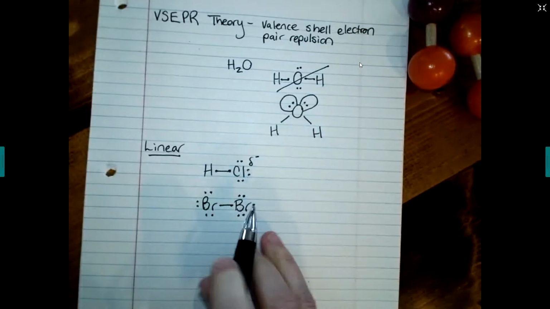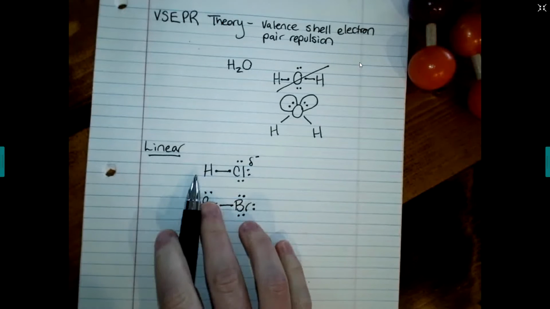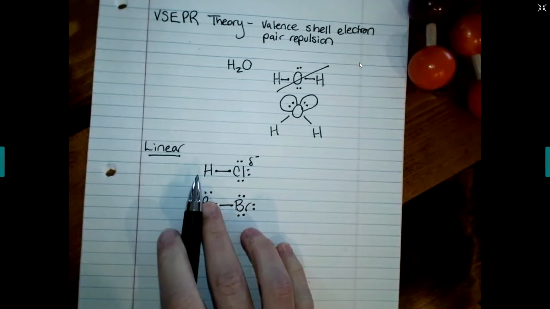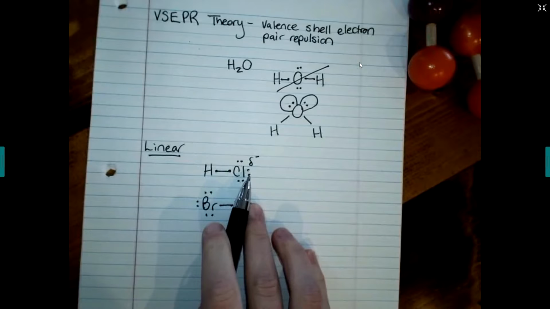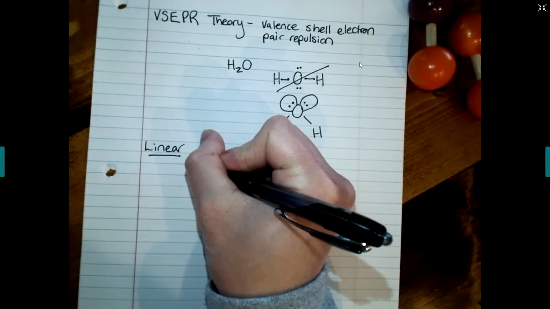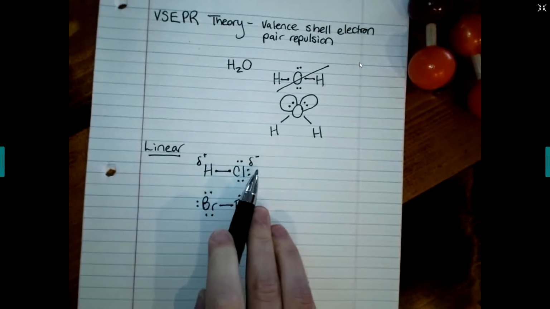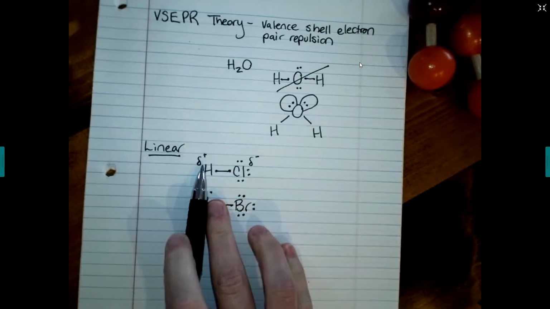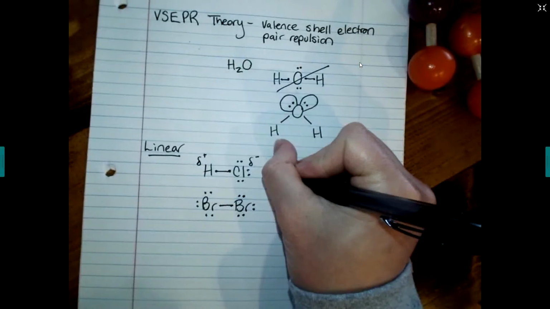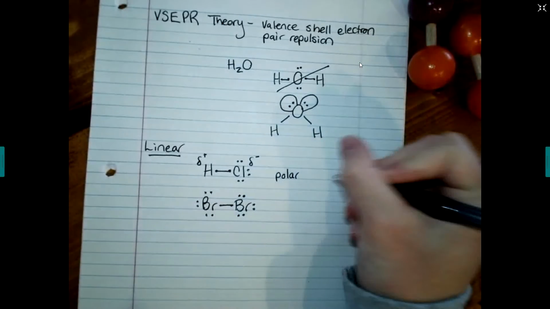Chlorine is going to have a slight negative charge. It's more electronegative than hydrogen. So all the electrons are kind of going over here, even though they're still sharing. That would make hydrogen have a slight positive charge. And the fact that one side is slightly negative and one side is slightly positive makes this a polar molecule.